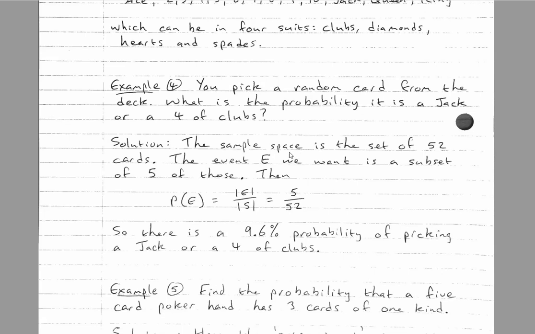What's the sample space? In this experiment, we're just picking a random card out of the 52, so there are 52 possible outcomes. So the cardinality of S is 52. The cardinality of picking one of these is 5. So that's the probability, just 5 over 52. And as a decimal, that's 0.096, so approximately 9.6% probability of picking a jack or a 4 of clubs.